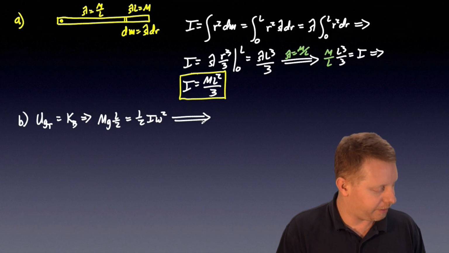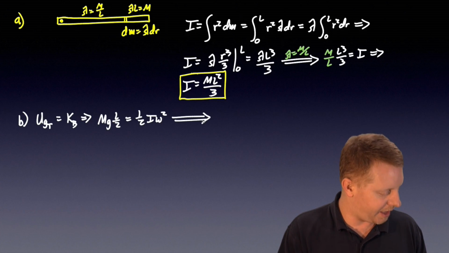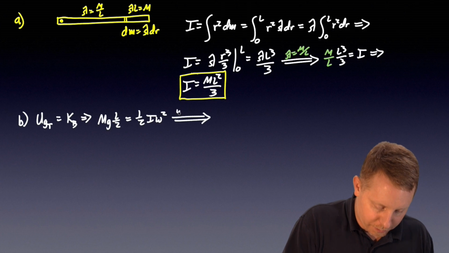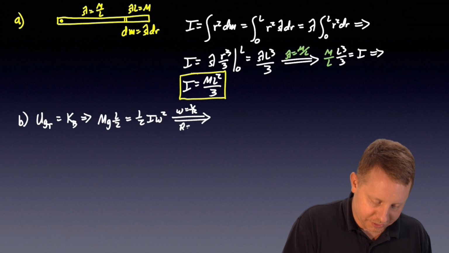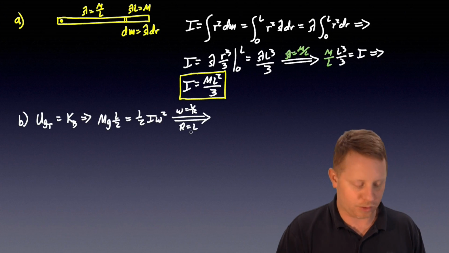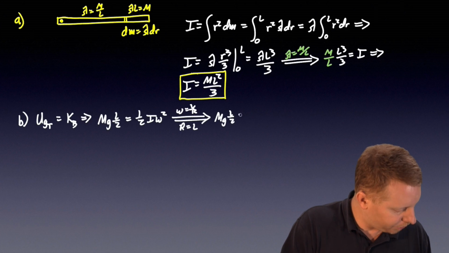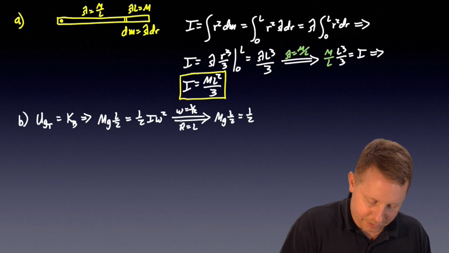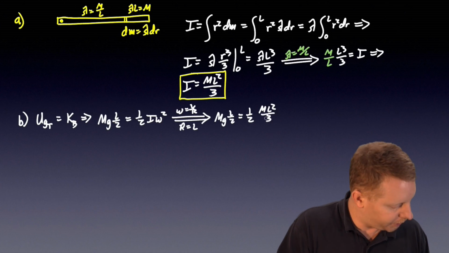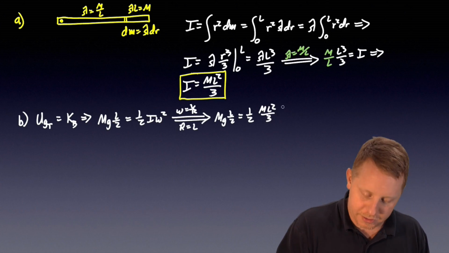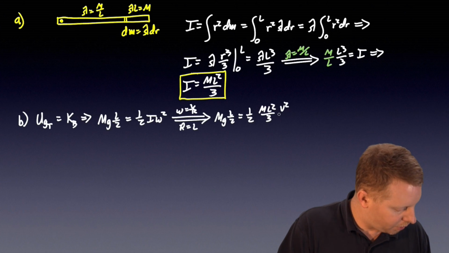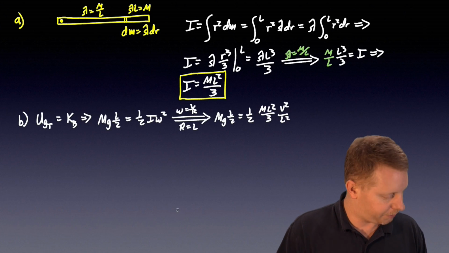However, we're looking for the linear velocity of the point B at the end. Therefore, we know that omega equals v over r, and our r in this case is equal to the length of the rod, L. We can then state that mgL over 2 equals 1/2 times our moment of inertia, mL squared over 3, times omega squared, which is v squared over L squared.